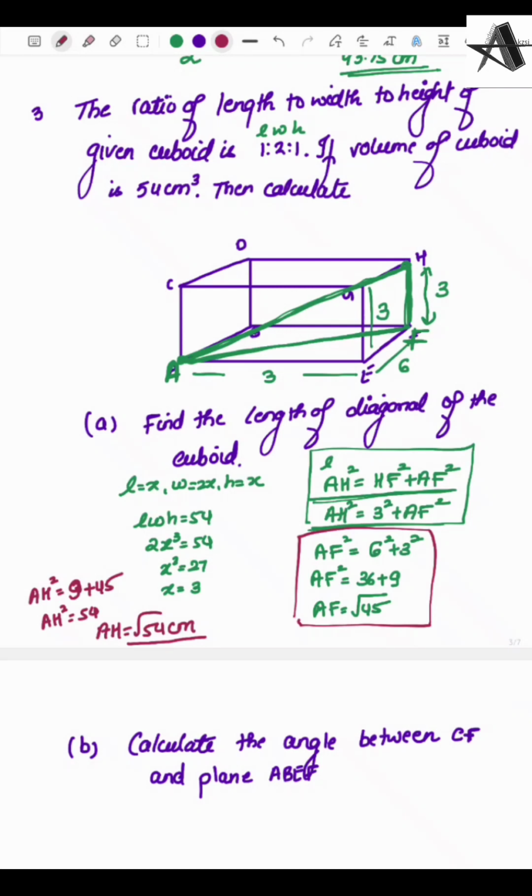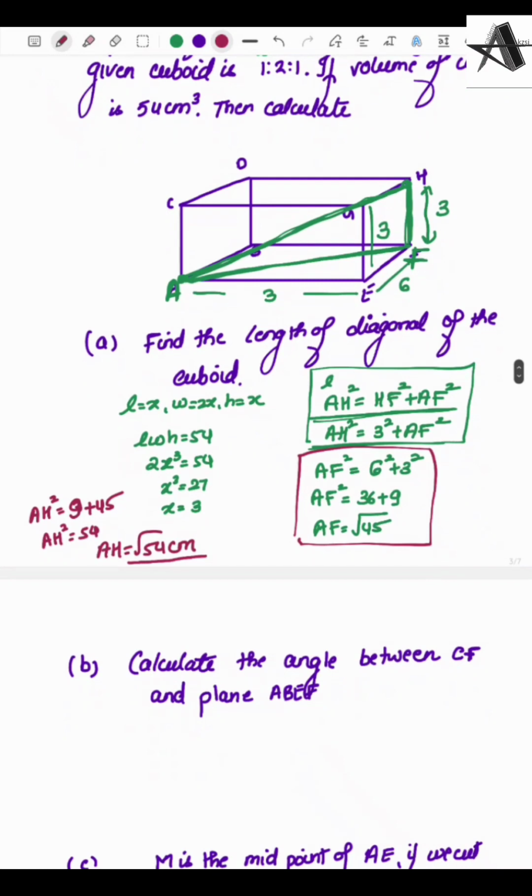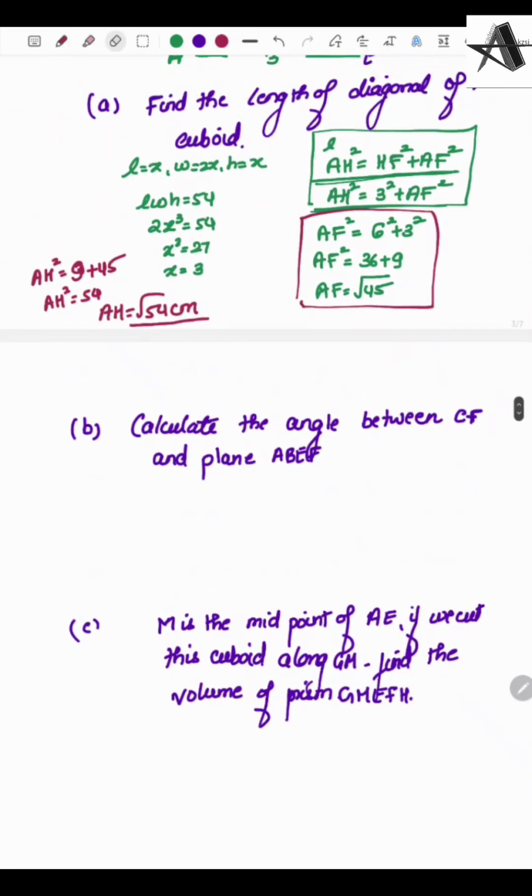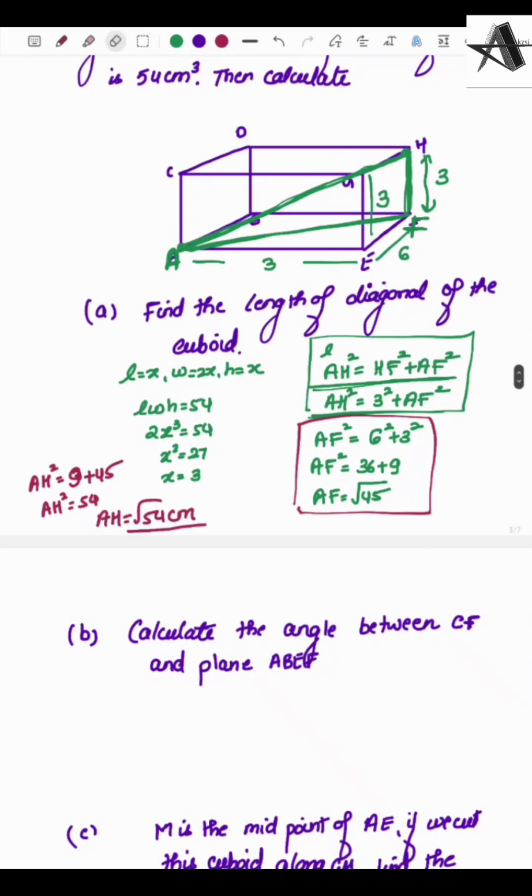Now coming back to the next one, calculate the angle between CF and the plane ABEF. Let me just delete this all.